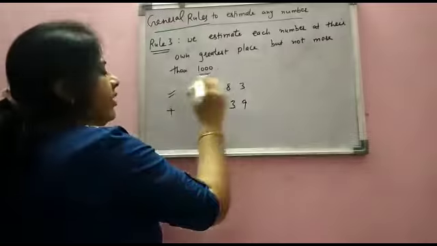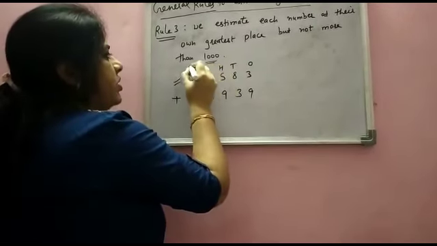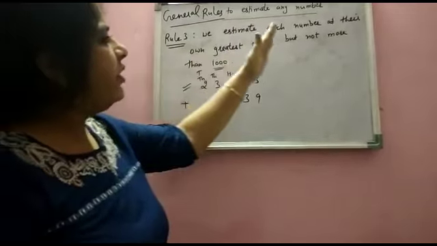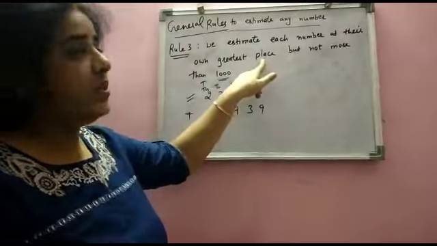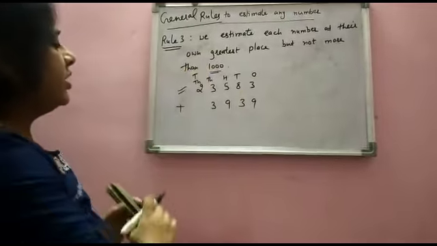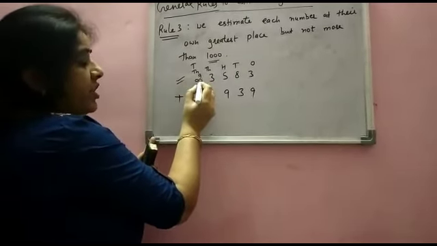What is the greatest place of this number? Ones, tens, 100, 1000 and 10,000. As we have discussed, each number will be taken at their own greatest place. Rule 3 says that place cannot be more than 1000. What is the greatest place here? 10,000.